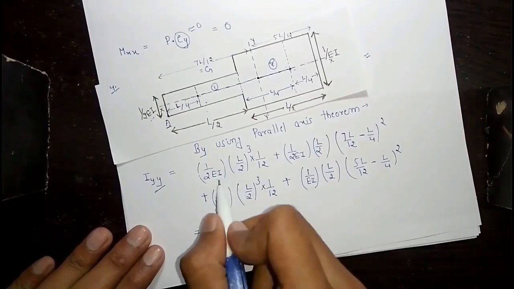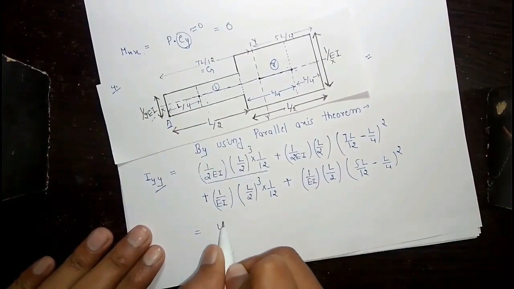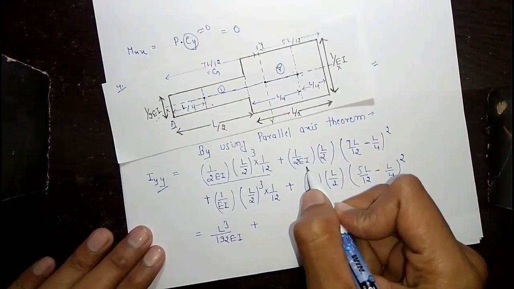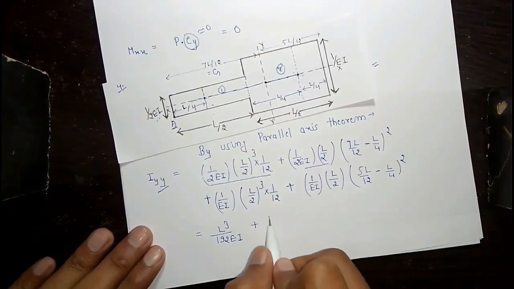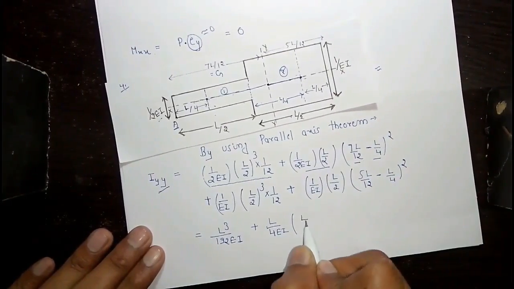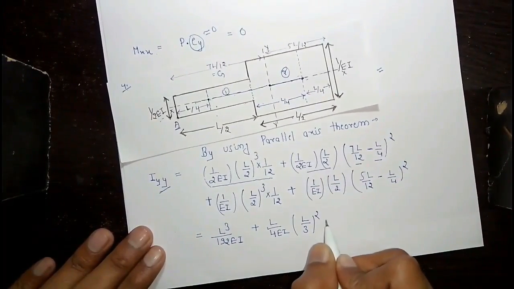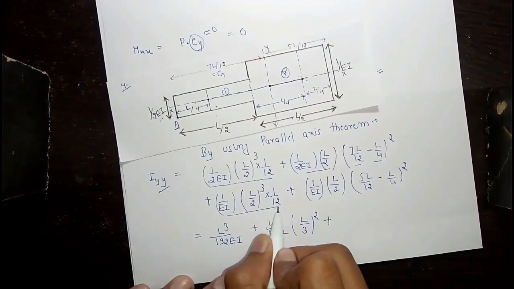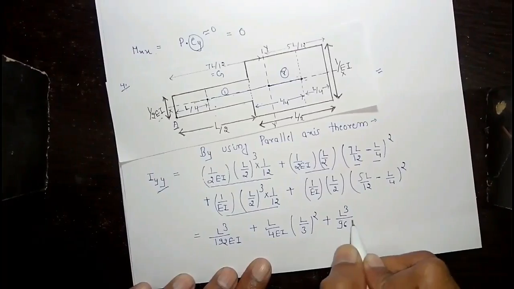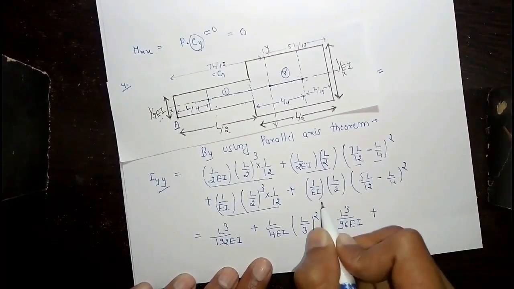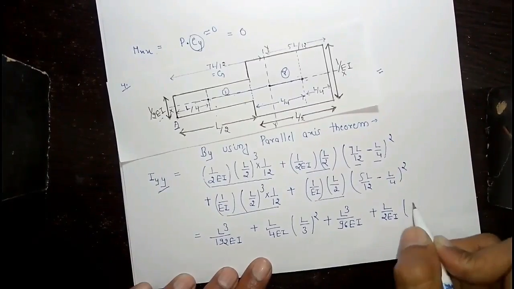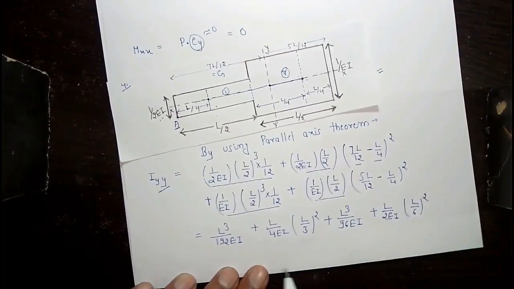Now solving this term, it will be equal to L cube divided by 192 EI plus L divided by 4 EI into L divided by 3 whole cube, plus L cube divided by 96 EI plus L divided by 2 EI into L by 6 whole square.